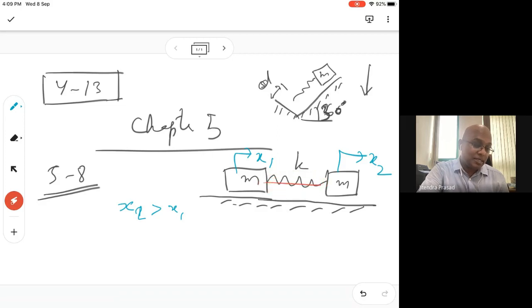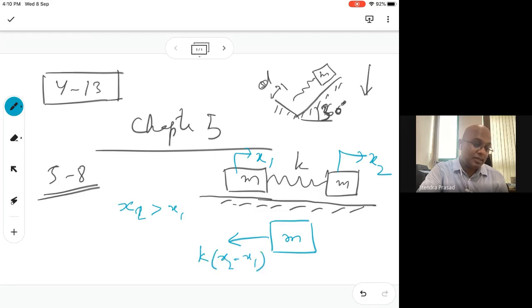So x2 is greater than x1. It will be as if x1 is at rest and you are stretching the spring by x2. In that case, you will get this kind of diagram. So this is M, and you will get force backward, and the force will be equal to k(x2 minus x1), right?